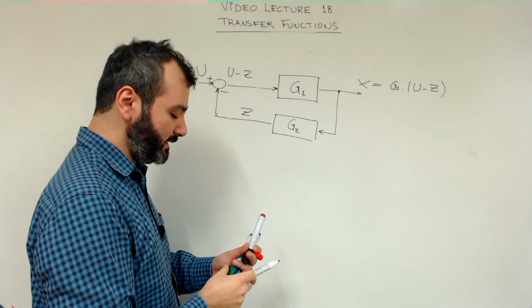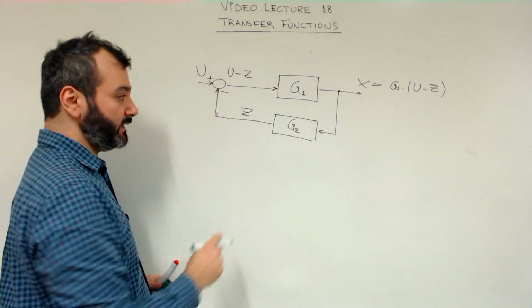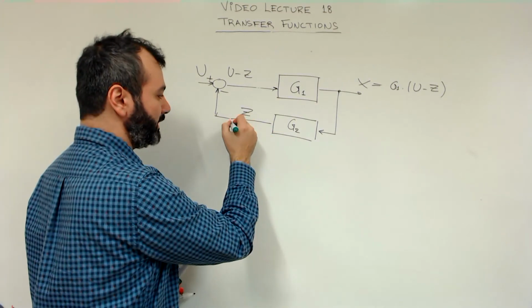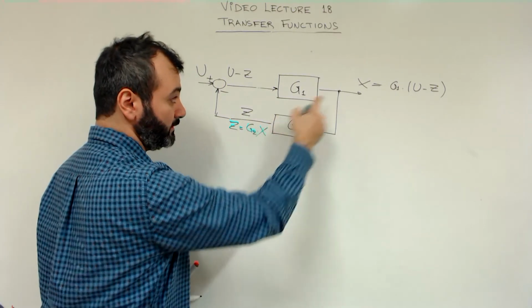But look what happens here. Note here we have X. X goes inside here. So Z, the output of this system, is Z equals G2 times X, right?